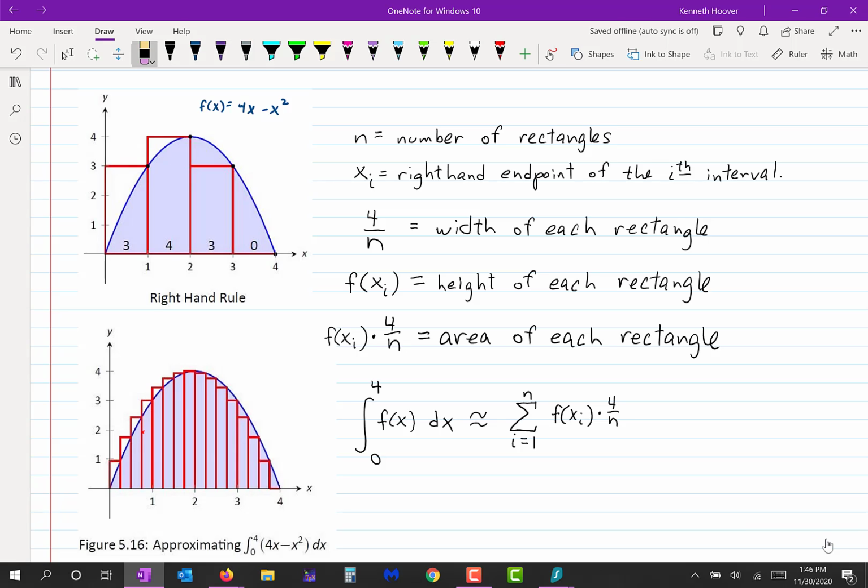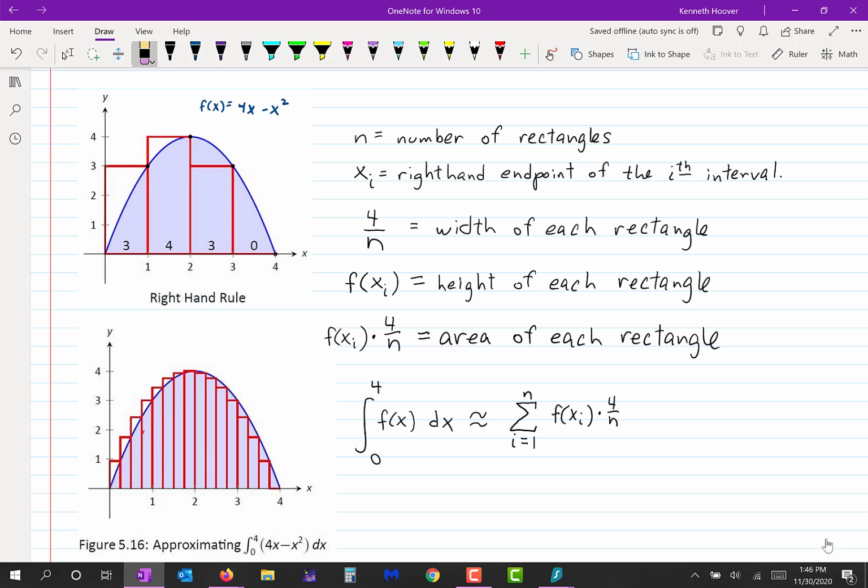So how many rectangles do you have? We've called that number n. So the bigger n is, the better the rectangles will conform to the parabola, and so the better of an estimate we will get for the area.